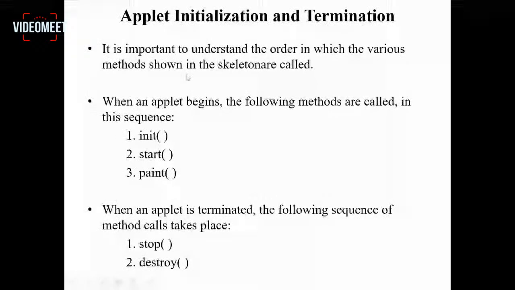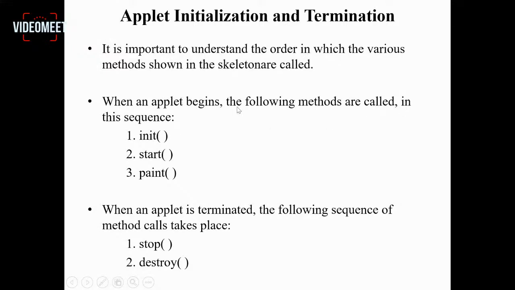It is important to understand the order in which these various methods shown in the skeleton are called. I already explained all these things, right? First the init method, then the start method, then the paint method, and then stop and destroy. So when an applet begins, the following methods are called in sequence.